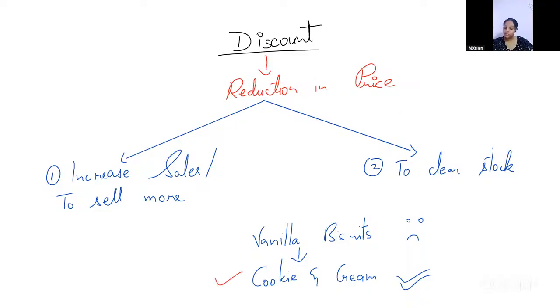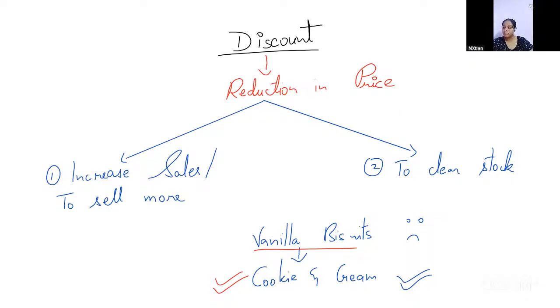But the company has so many vanilla biscuits. What will they do with it? If they do not sell the vanilla biscuits, they will get spoiled.